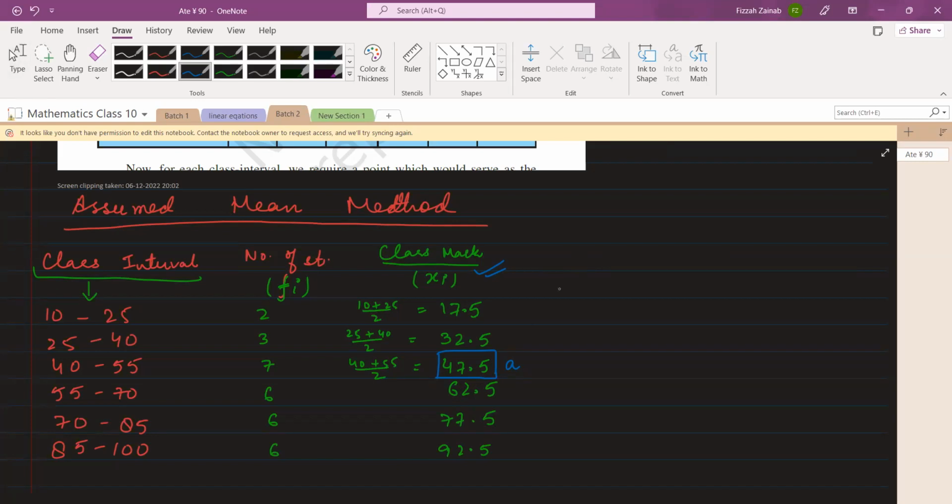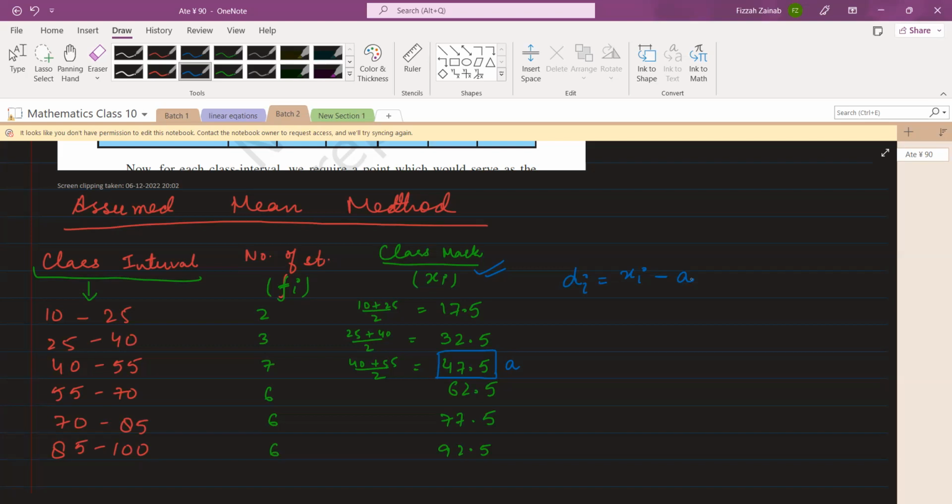The deviation is denoted by D. It will give you some number. Let us call it Di. So basically, from your Xi, you subtract this assumed mean, and you get your next column of Di.